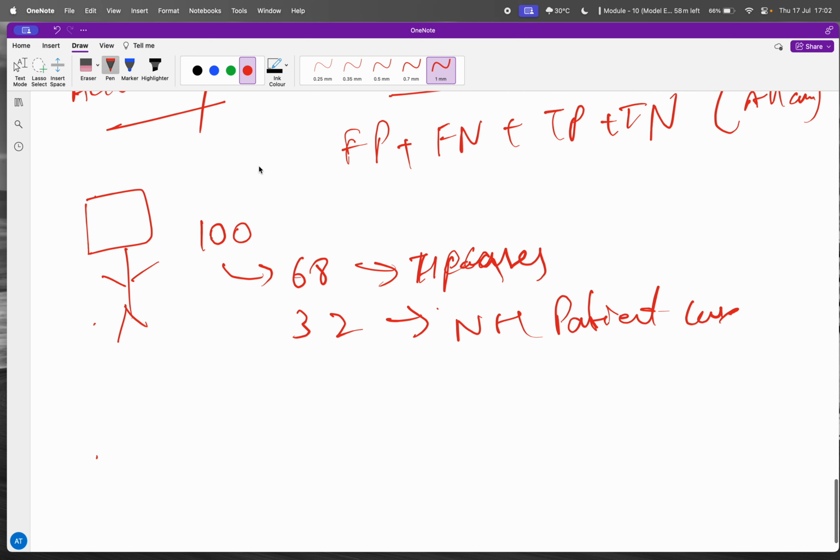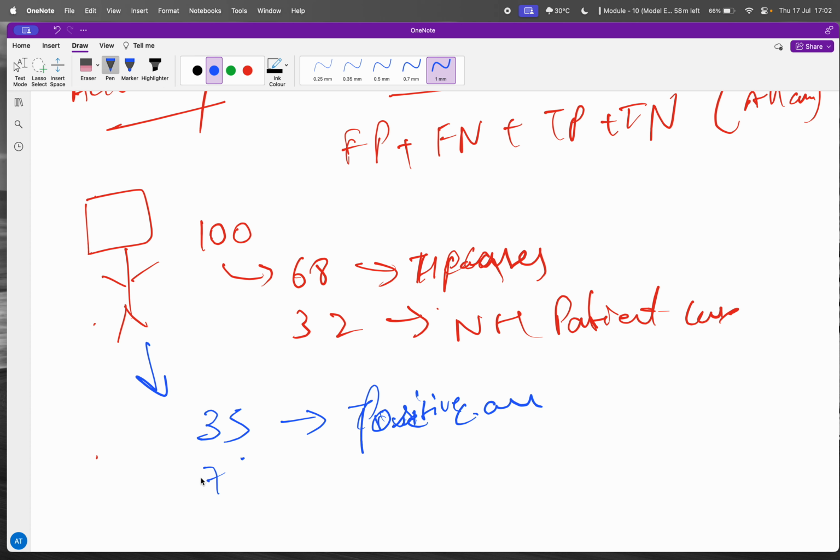This was the actual data. But our model predicted 35 as positive cases and the rest, 65, as negative cases, like not a heart patient.